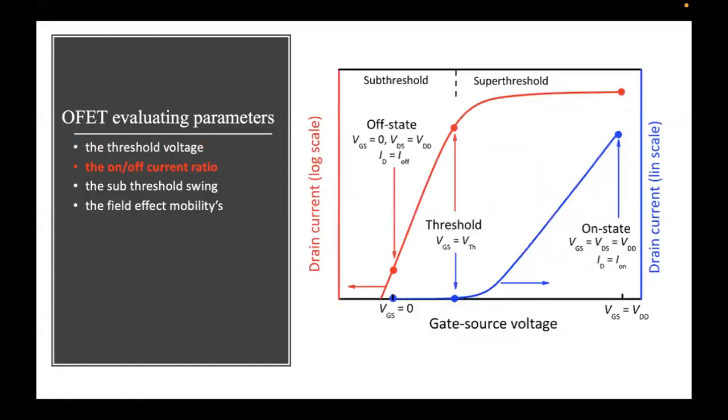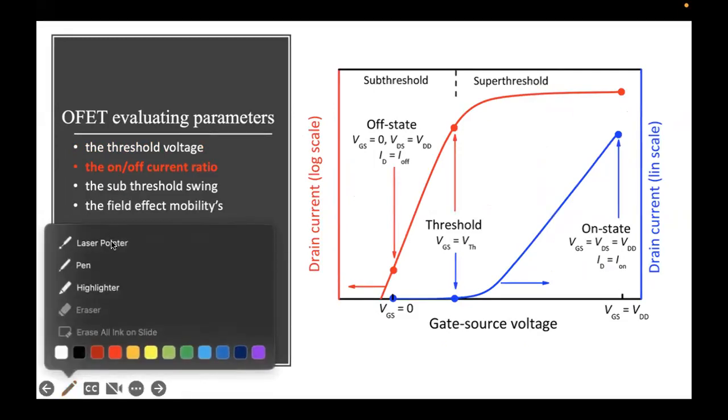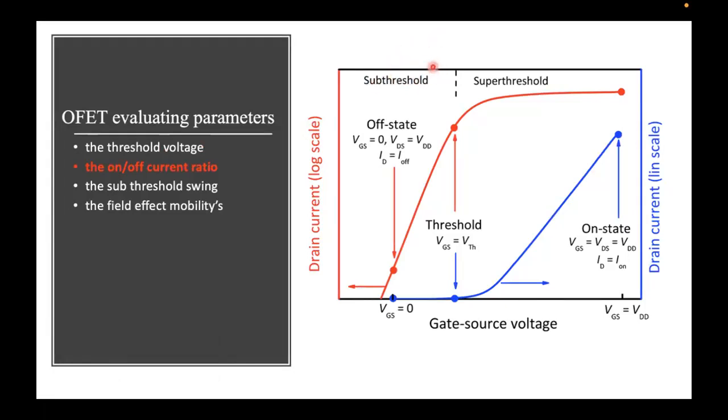Another important parameter is what's called the on-off current ratio. And this on-off current ratio actually pushes us toward what's called the subthreshold region. Generally speaking, my dear students, when we consider an idealistic or hypothetical characteristic for a transistor, which most likely you studied in early electronic courses, we told you that the subthreshold region is neglected, or you can assume that whenever the gate voltage is below the threshold voltage, we can assume zero current.